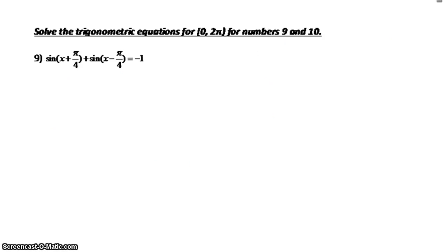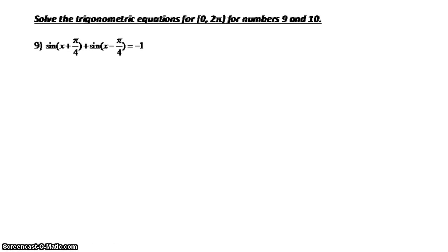We'll now go to the last couple problems I want to look at for today. This first one says solve the trigonometric equations for the interval 0 to 2 pi. So we're including 0, and we're going up to 2 pi, but not including that.